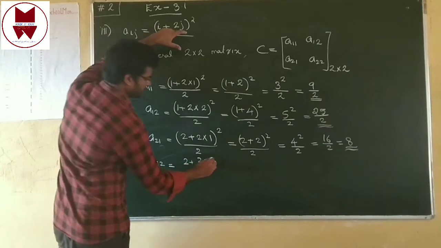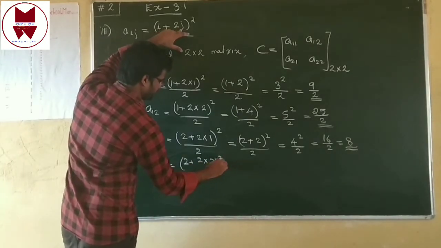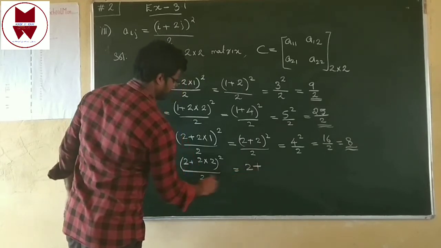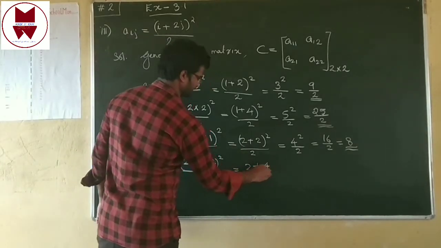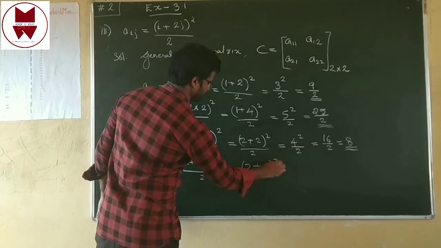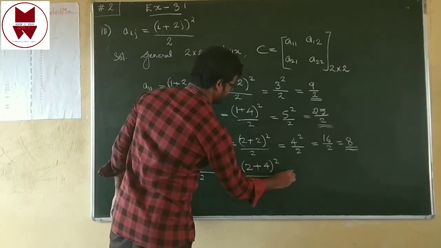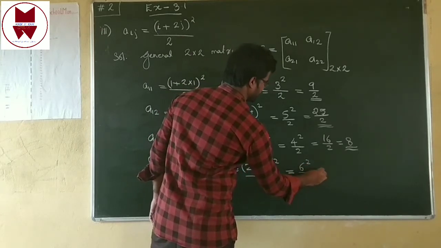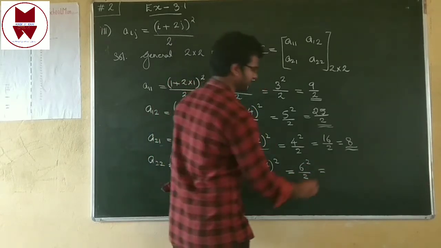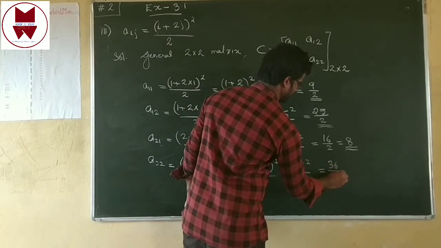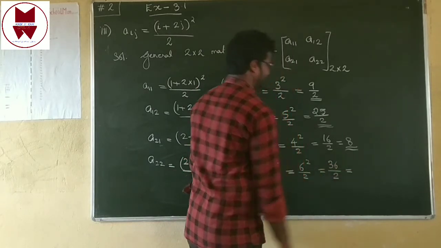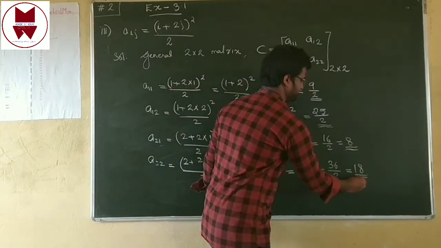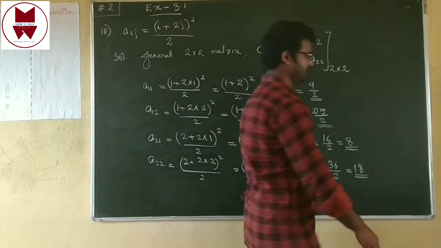J also 2. 2 whole square by 2, 2 plus 2 into 2, 4 whole square by 2. 2 plus 4, 6 square by 2. 6 square, 6 into 6, 36 divided by 2. You can divide, you will get 18. 36 divided by 2 is 18.